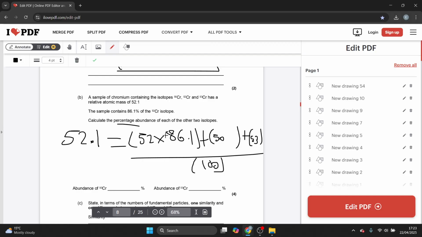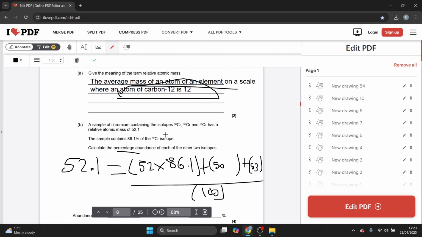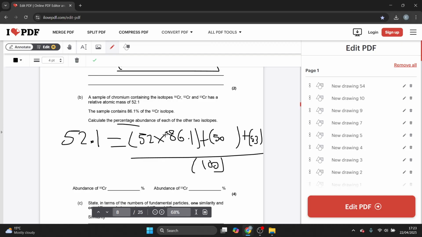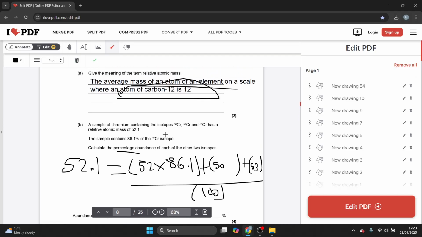What I'm going to have to do is let one of these equal to, let's say, y, and then the other one is going to be 100 minus 86.1 minus y, because I've got this, which is that much percent of that.